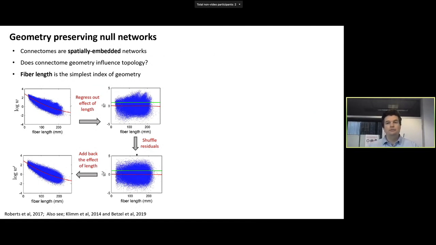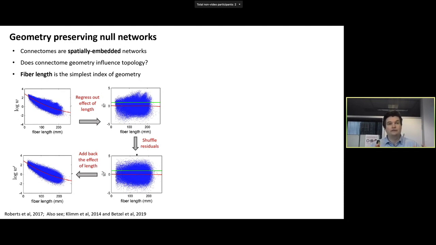More recently, there has been interest in incorporating geometry into our null networks in connectomics. And this allows us to assess the impact of geometry on network topology. So Roberts and colleagues have developed an efficient approach to preserve geometry in our null networks. Basically it involves regression.